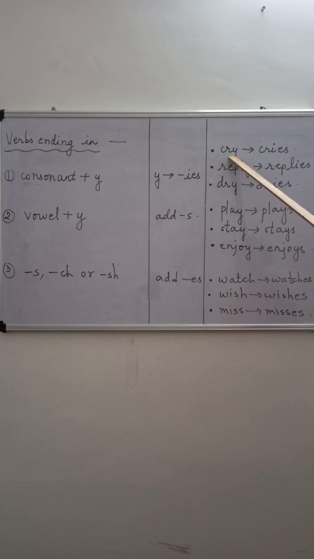Now see, cry is ending with the letter Y. So this verb in the simple present tense form becomes cries. We have replaced Y with IES. Similarly, reply in the simple present tense form becomes replies, and dry becomes dries.